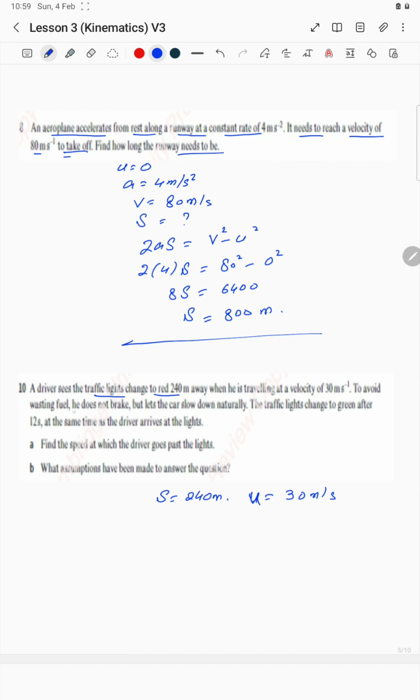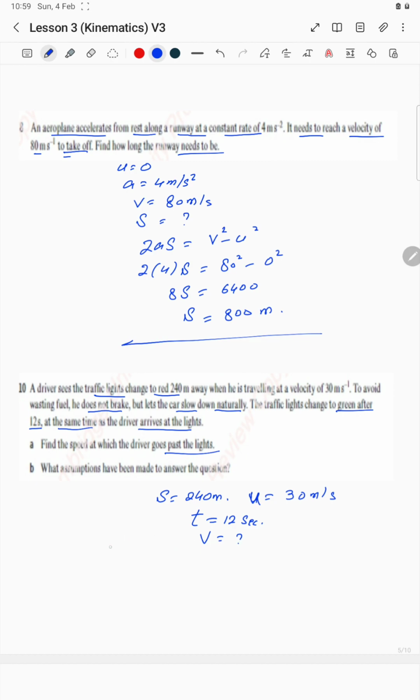To avoid wasting fuel, she doesn't brake, but lets the car slow down naturally. The traffic lights change to green after 12 seconds. t was 12 seconds, it's given to us. This is at the same time as the driver arrives at the lights, which means she just neutralized the car without accelerating it. Find the speed with which the driver passed the lights. So we are looking for this.